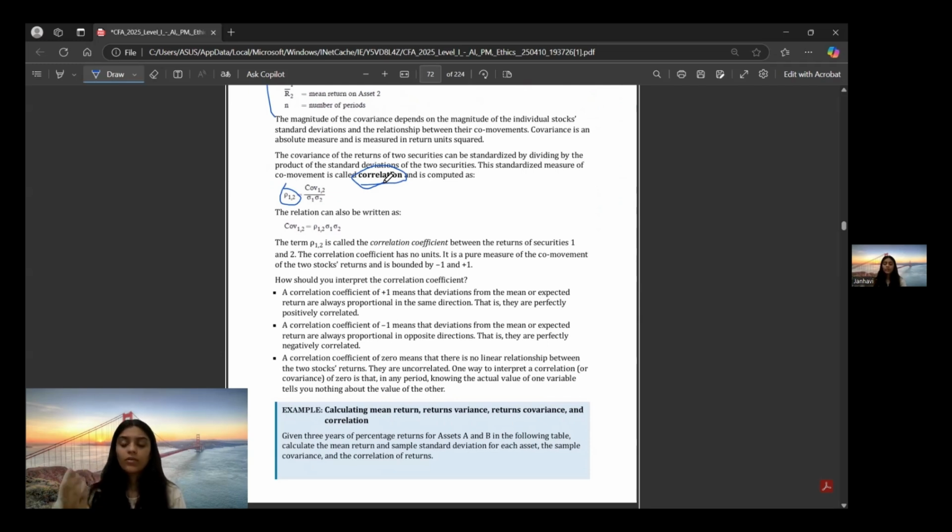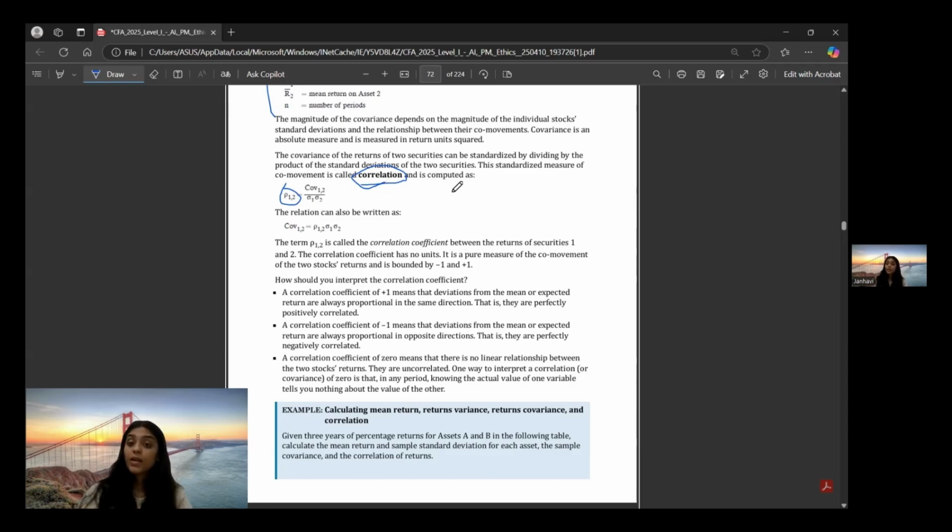Before we discuss that, I want you guys to know that the answer of correlation varies from +1 to -1 only. It is not from plus infinity to minus infinity. It is from +1 to -1.